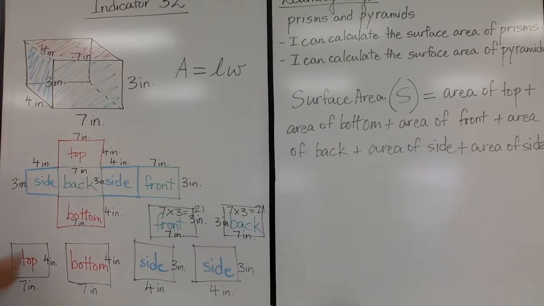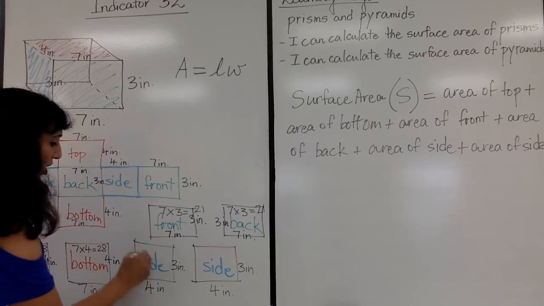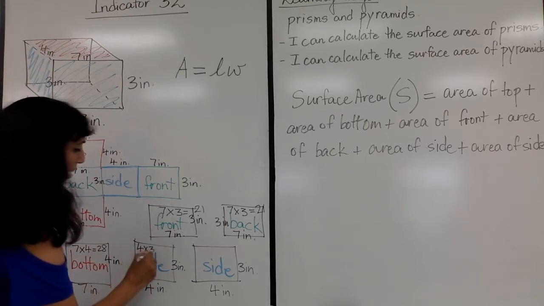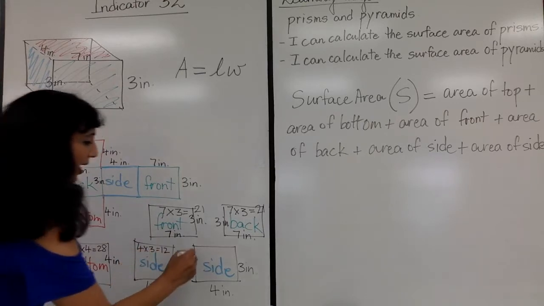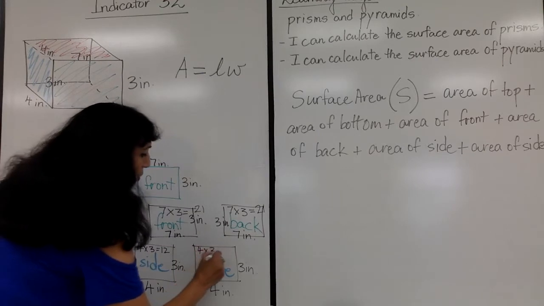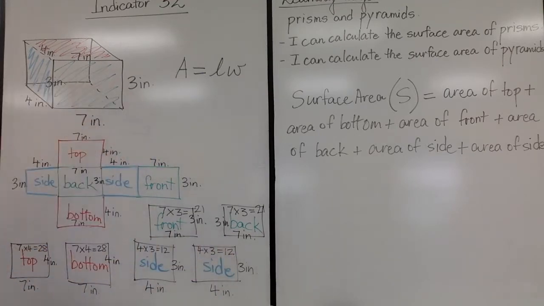Area of the top, 7 times 4, which is 28. And bottom is the same thing, 7 times 4, which is 28 inches squared. And then we have a side, which is 4 times 3, which is 12 inches squared. 4 times 3, which is 12 inches squared.